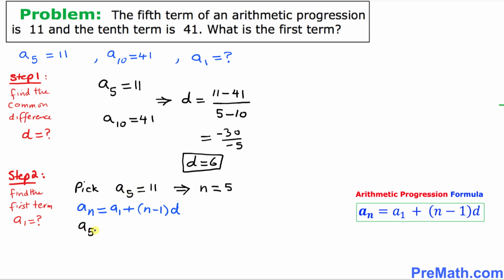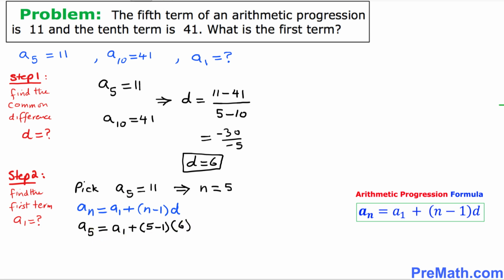We need to find a of 1, just leave it that one, plus from our this case n is 5, as you can see, 5 minus 1 times d. In the previous step we figured out d equal to 6. Just write it down. Let's simplify.